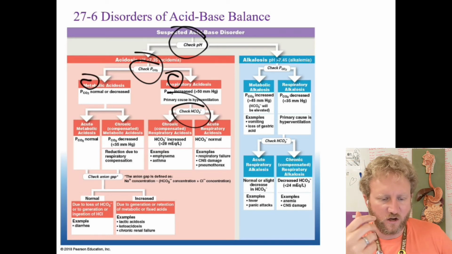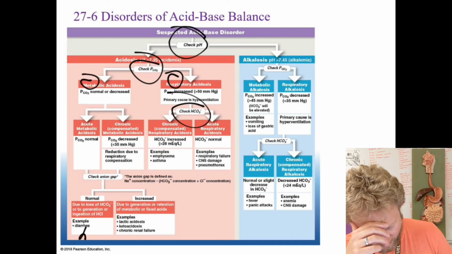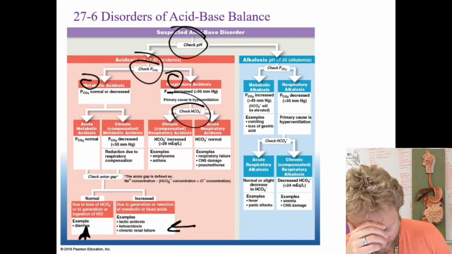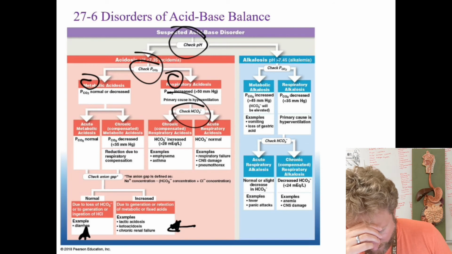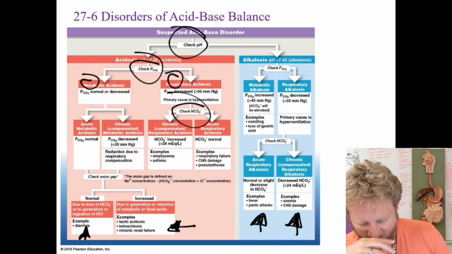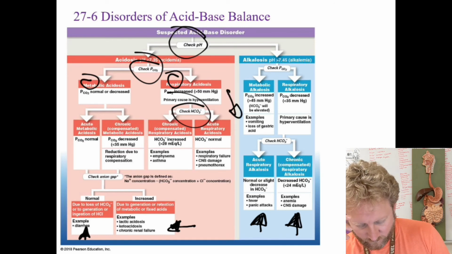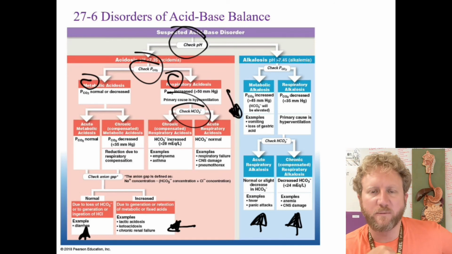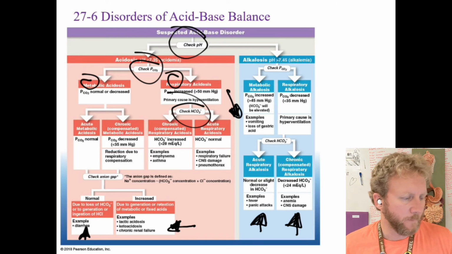And then based on the condition, for example, severe diarrhea could be one, chronic renal failure, which is significantly more of a problem, CNS damage right there, that's kind of a bad one, fever, stuff like that. You can basically make your diagnosis at that point and then move forward from there.